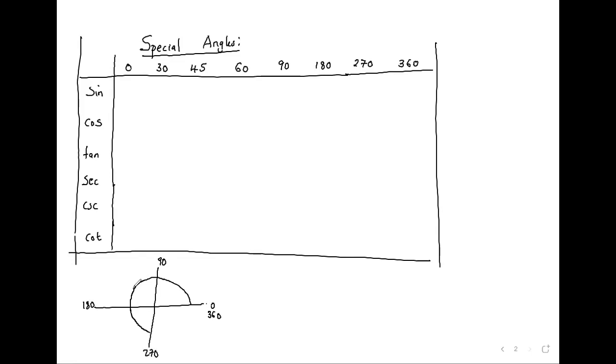Unit means that the radius is 1. Now on the x-axis, if x is 1, we know that on the x-axis y is 0, so I'll put it as (1, 0). On the y-axis, it will be (0, 1). This side, it will be (-1, 0). And this side, it will be (0, -1).